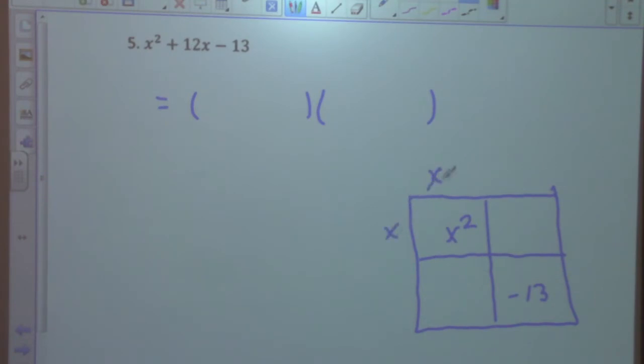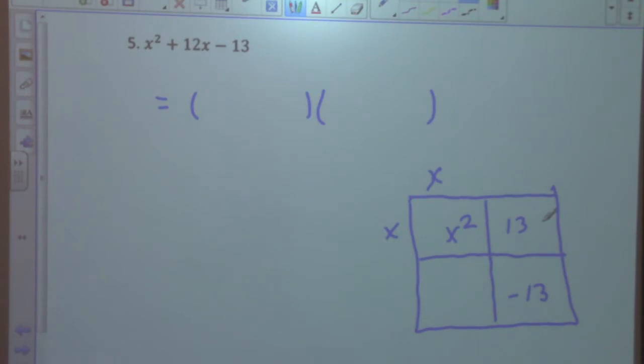Not 13, 12x. Yes, and then in the top right box, I put 12x. Would it be 13? Yeah, it would be 13x.